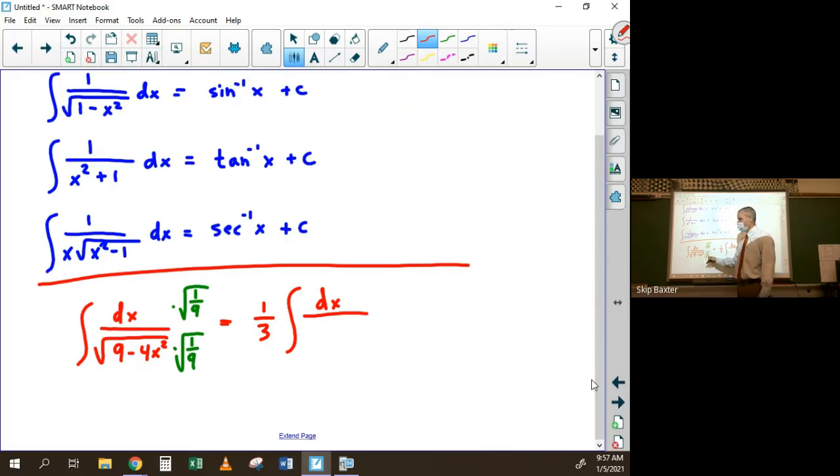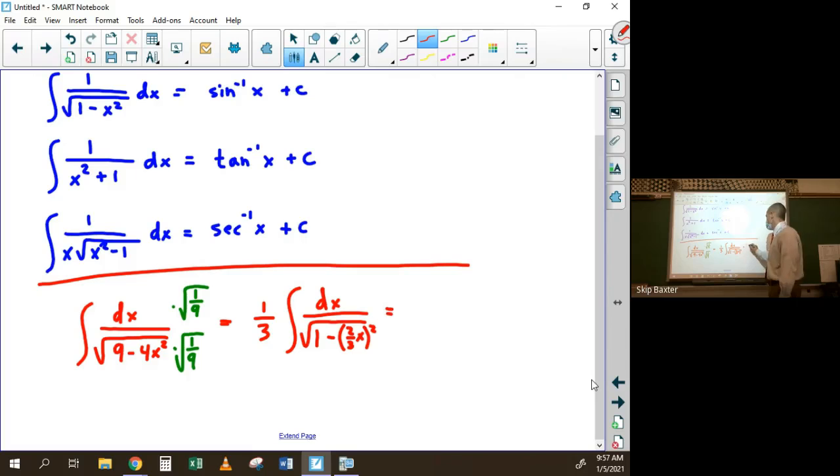On the bottom, this square root of 1/9 can be distributed into this radical because they're both radicals. And you get square root of 1 minus 4/9 x squared, which is really 2/3 x squared. Now it's like that shortcut rule for u substitution that you can use.